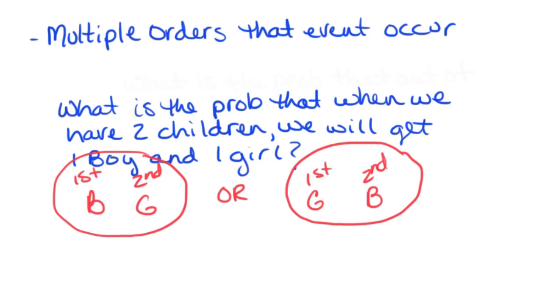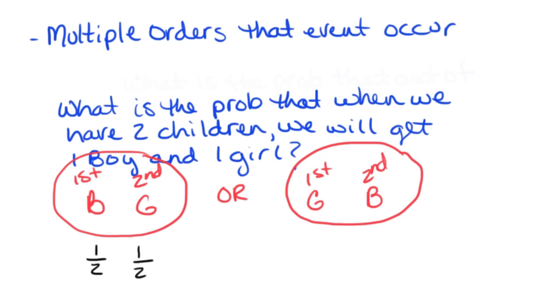So if we go through and we solve this, what we would do is first figure out the probability of this order where we have the boy first and then the girl. So I would look here and I would say, okay, when I have this first child, what is the probability that that child will be a boy? And the probability of that's going to be 1/2. And then the next time, the probability that that child's going to be a girl is going to be 1/2.